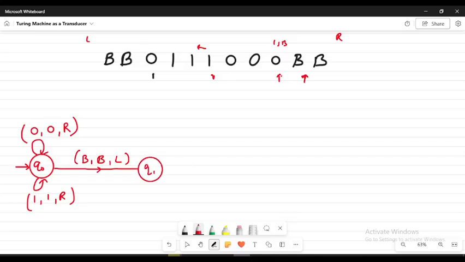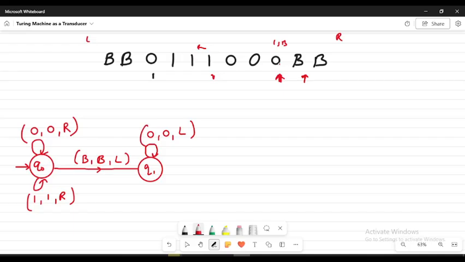After turning left, you will find the first symbol, which is 0. Now, when you start from the LSB, whenever you see any 0, keep it as 0 itself and move in the left direction.